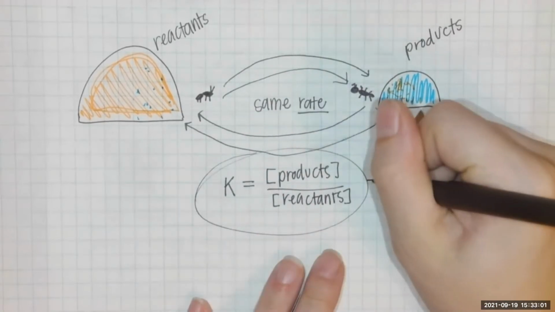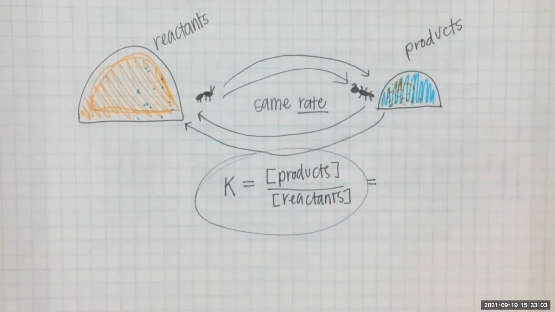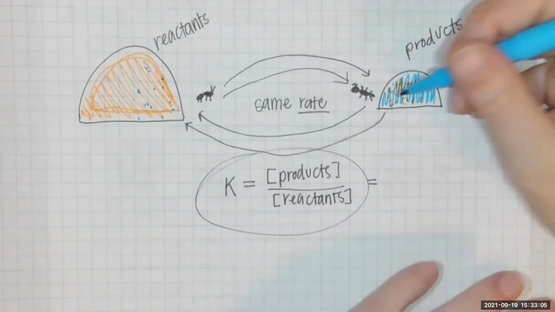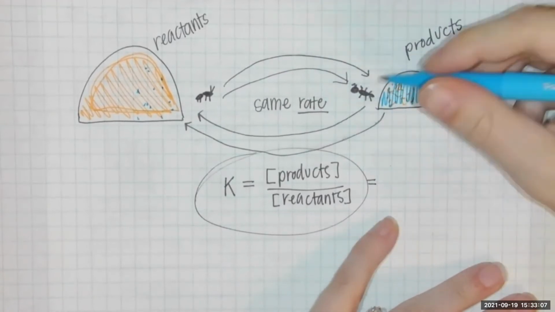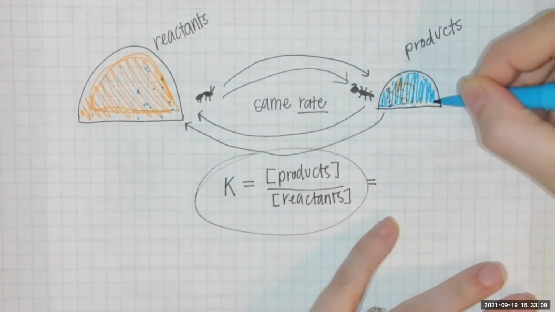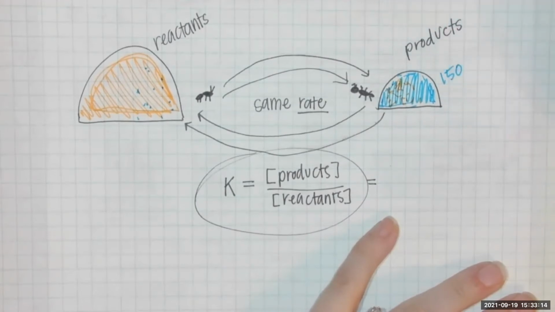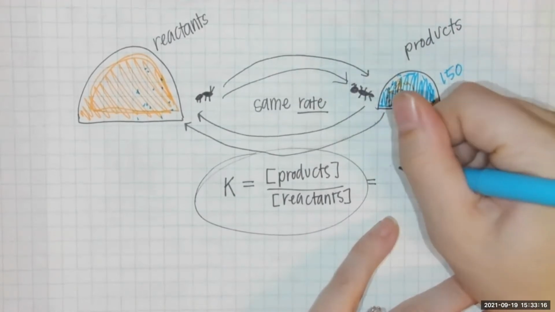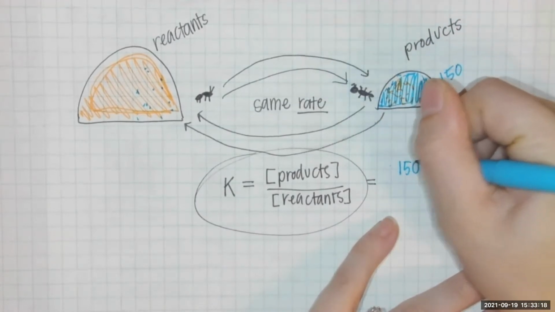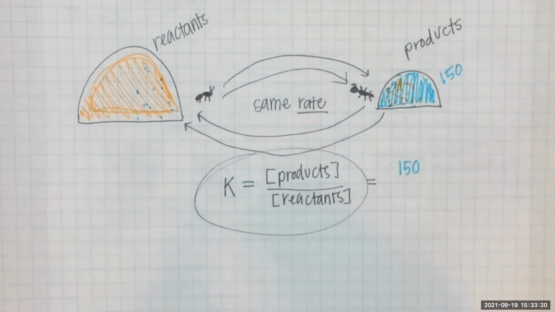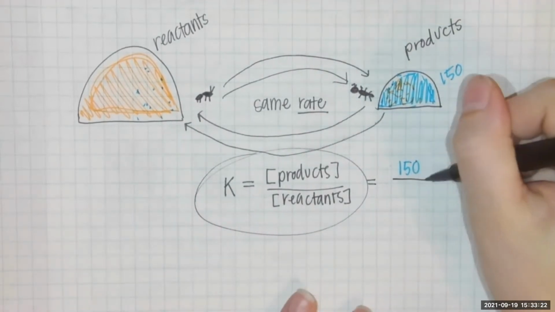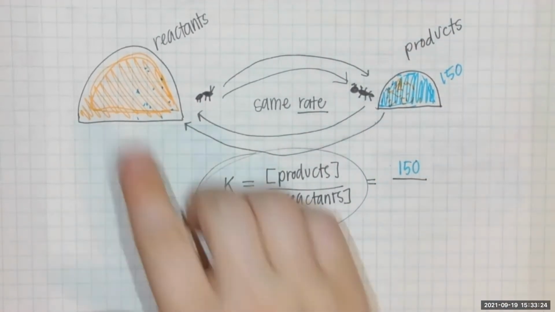And in this case, if I were to look, this pile's kind of tiny. It looks like maybe it only has 150 grains of sand in it. I don't know. Products over reactants.